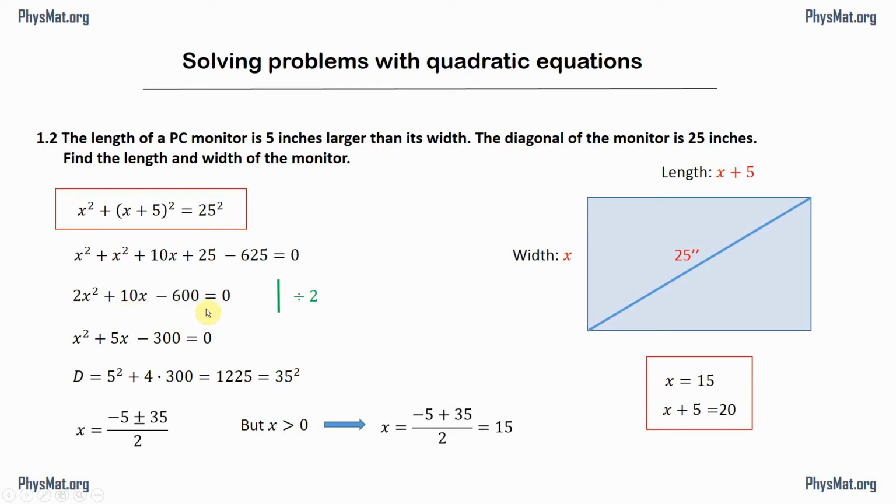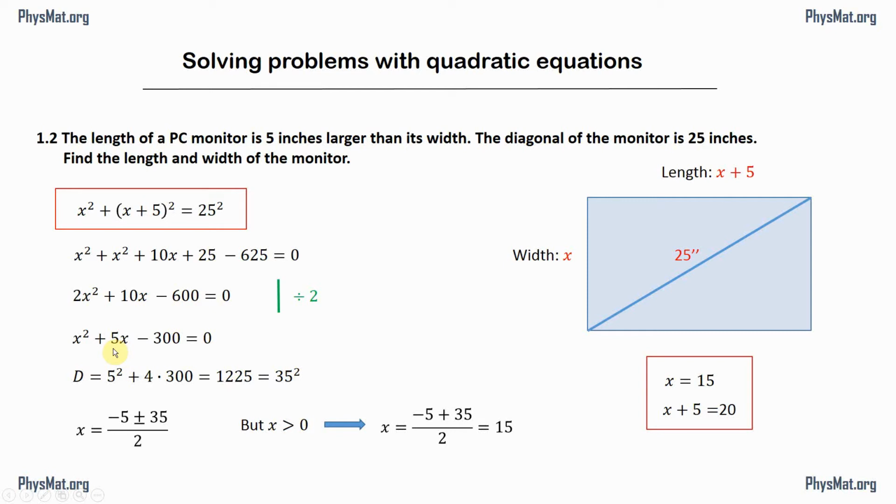But it's always good to simplify an equation as much as possible, and we see that all the terms here are proportional to 2, so we can divide the equation by 2, and this will be our reduced equation: x squared plus 5x minus 300 is equal to 0. So this is already a proper quadratic equation with a quadratic term, a linear term and a free term. So we can use our formula for the discriminant of the quadratic equation.